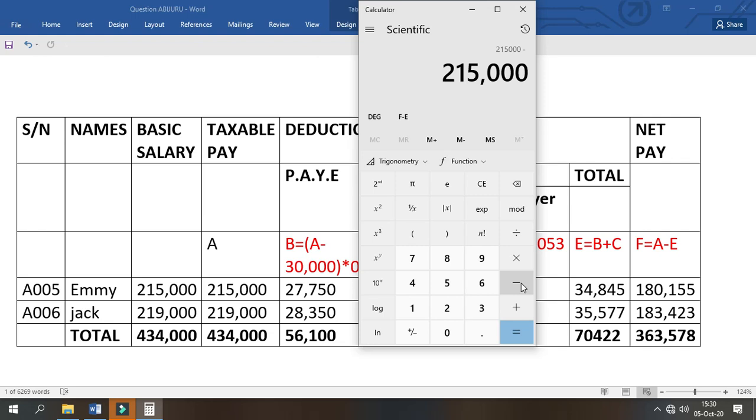So 215,000 minus 30,000 equals 185,000, multiplied by 15 over 100, which equals 27,750.